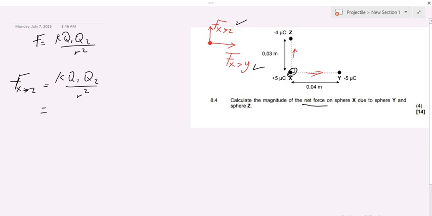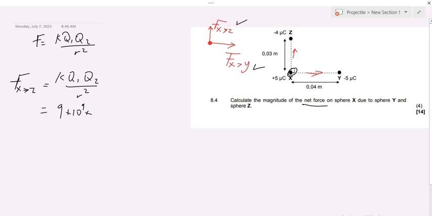Alright, so now we substitute. K is a constant, it's 9 times 10 to the power 9, then multiply by q1.